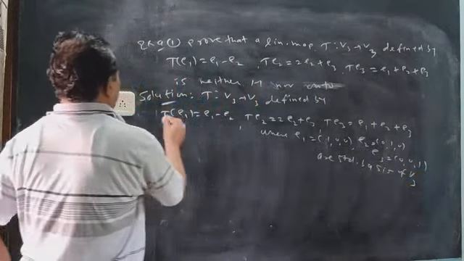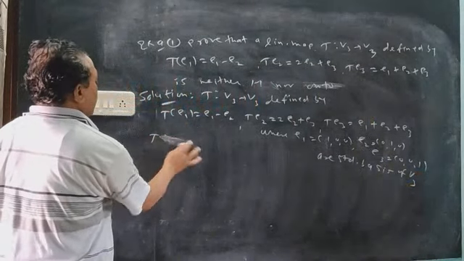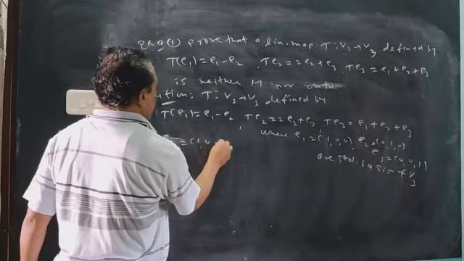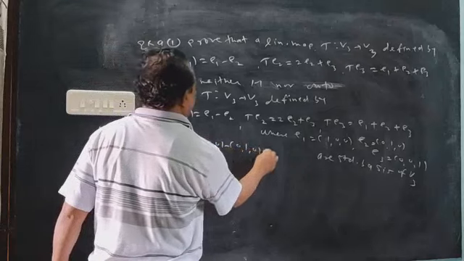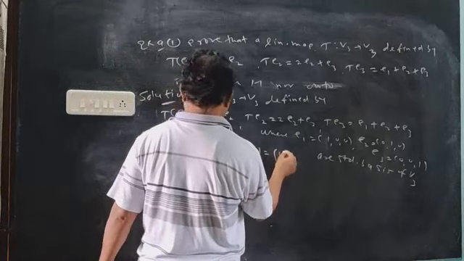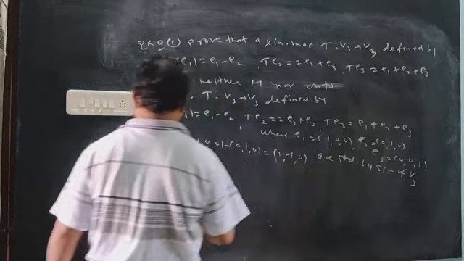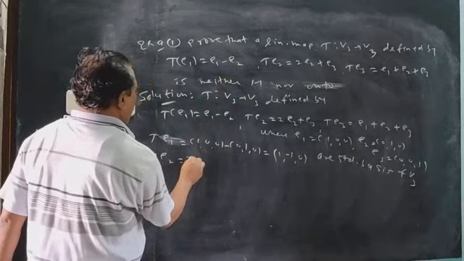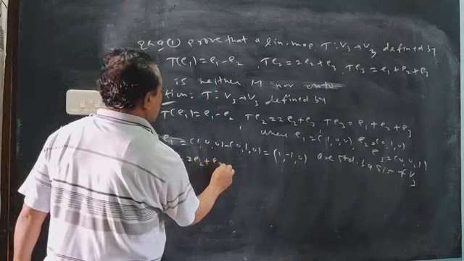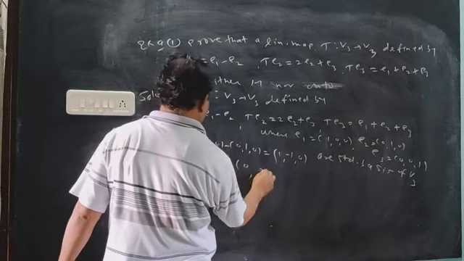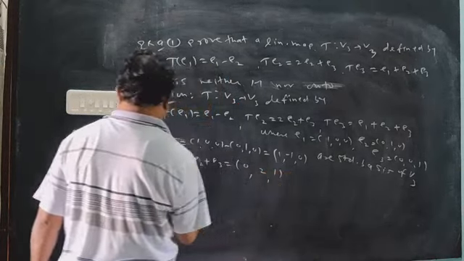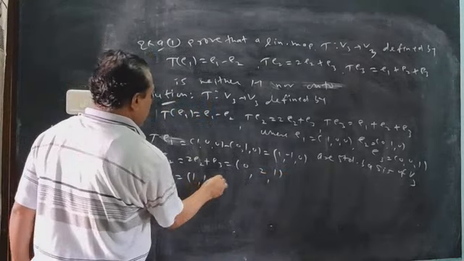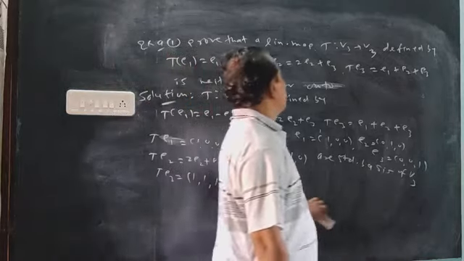That means T of e1 will be e1 minus e2, that is (1,0,0) minus (0,1,0), which is (1,-1,0). T of e2 is 2e2 plus e3, so (0,2,1). And T of e3 is e1 plus e2 plus e3, that is (1,1,1). So this is known to us.